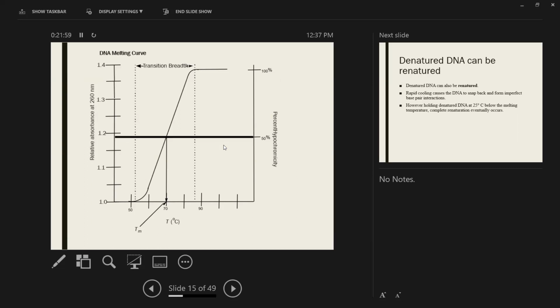Your baseline is set to 1, and then these are fractions of whatever that reading is, because that reading depends on the quantity of your DNA. Then you heat it. You get a line that asymptotes, so it's hyperbolic. You take the baseline and the asymptote of the increase, and the temperature where the line reaches halfway, that's the T sub M.